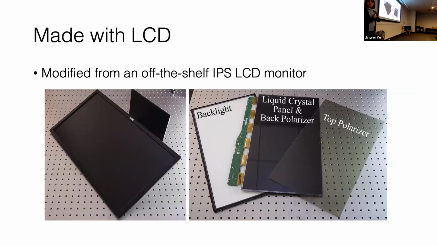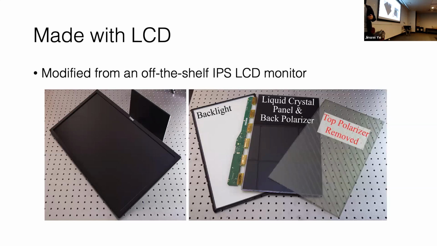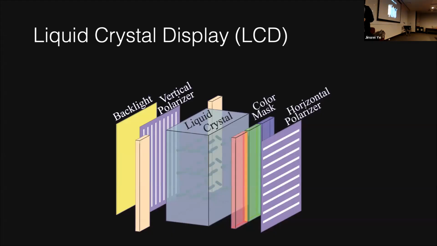So how to design this kind of polarization field? This is actually very simple. It can be made with a commodity LCD display by simply removing the top polarizer. So let's see why this works. In order to understand why this works, let's see how the LCD, or liquid crystal display, works.